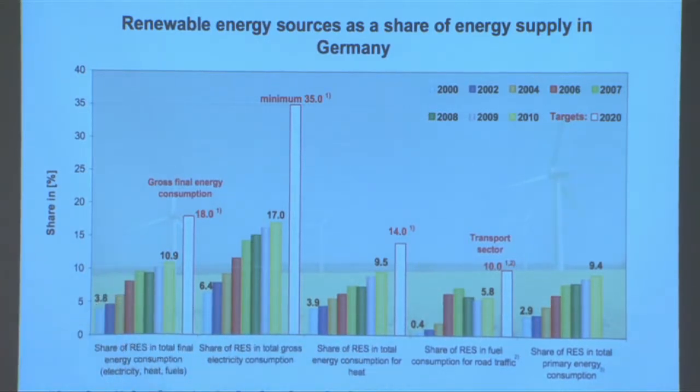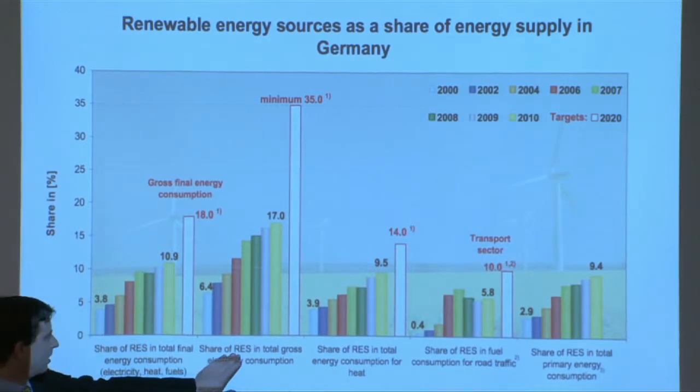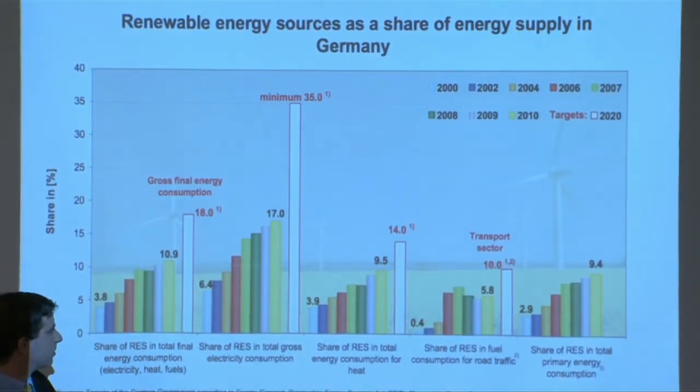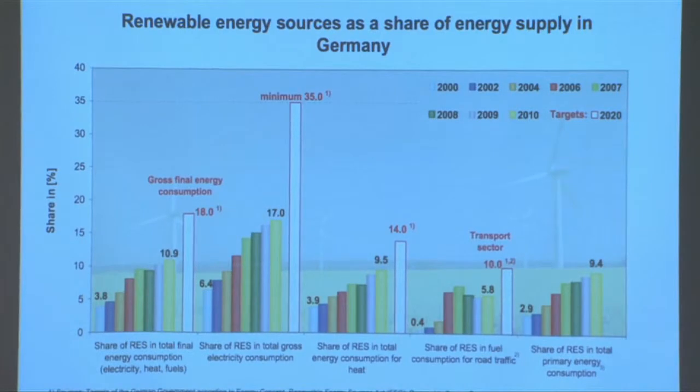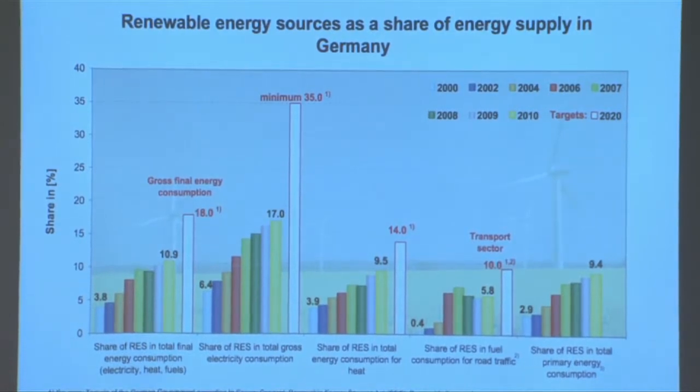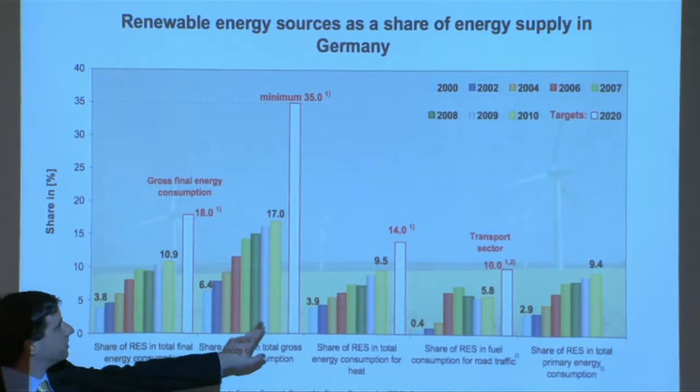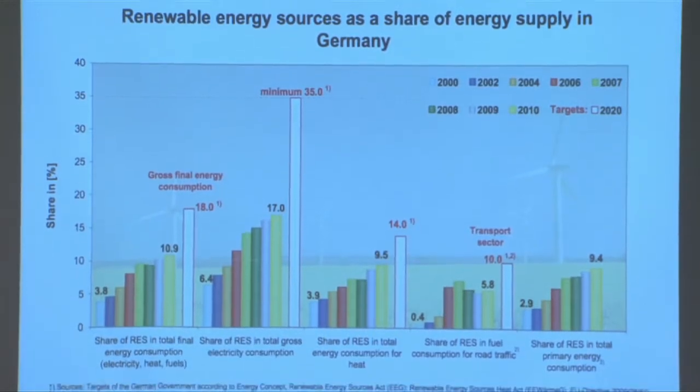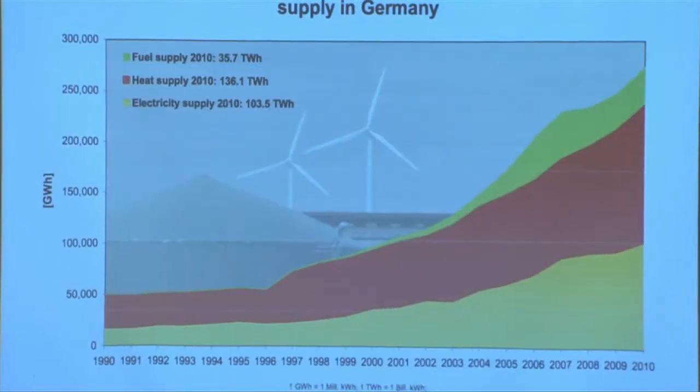And if we look at the share of renewable sources in total gross electricity consumption, you can see that it's getting there, right? 17% versus a minimum of 35%. So working toward those targets pretty well and climbing from 2000 to 2010, more than doubling, almost tripling.